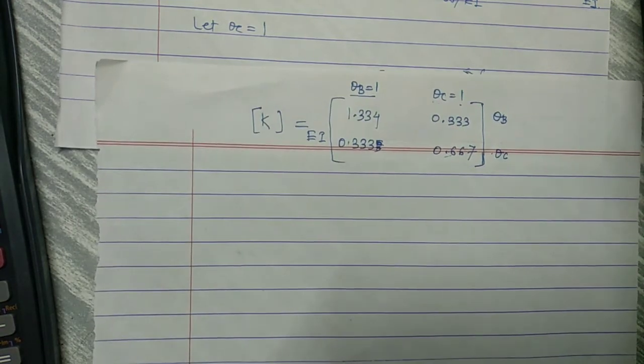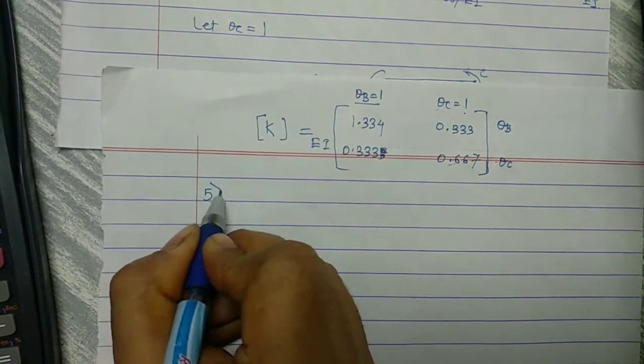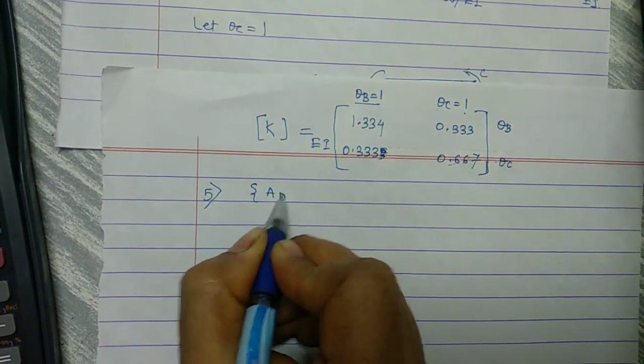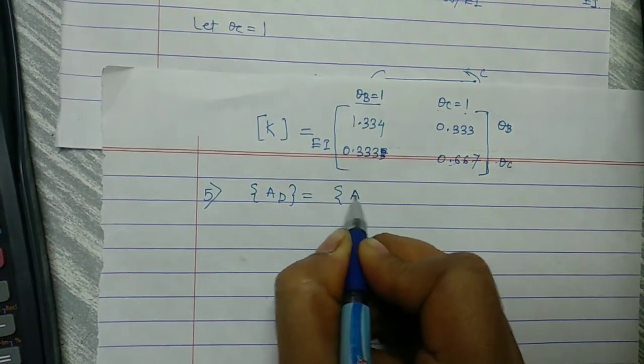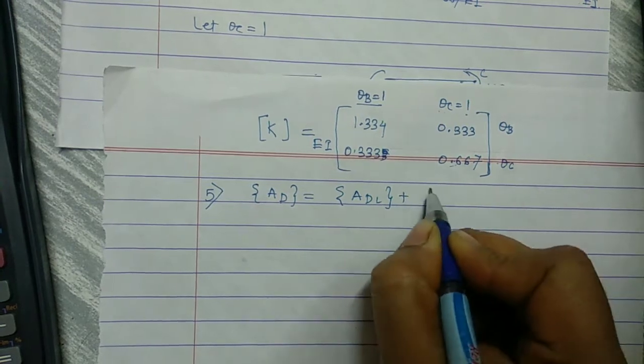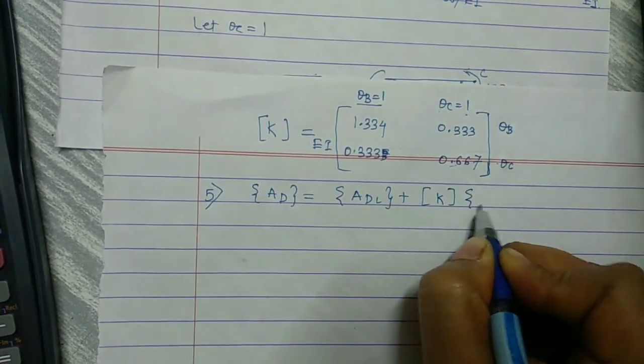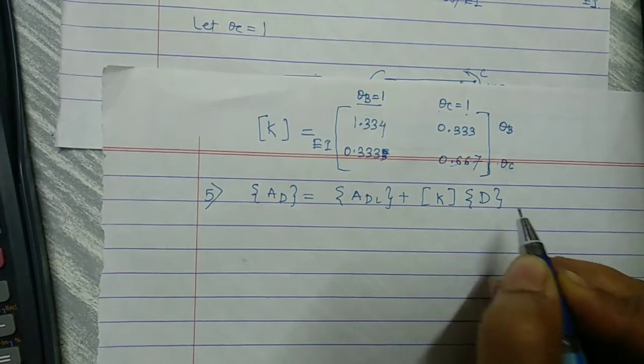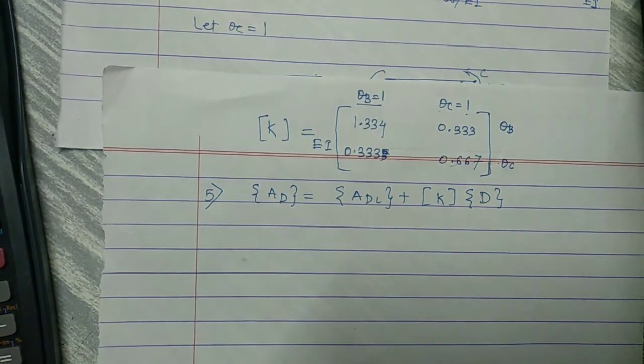Now rewrite the equation again. Step number 5. Equation AD equal to ADL plus K into delta, that is the D matrix. So AD that we have written, calculated in the first step.